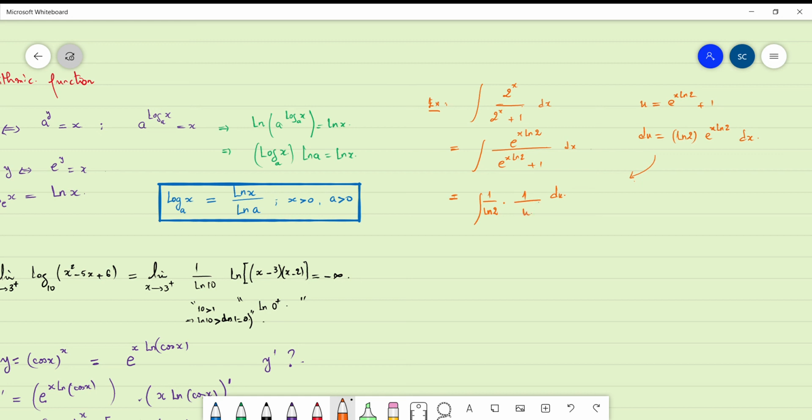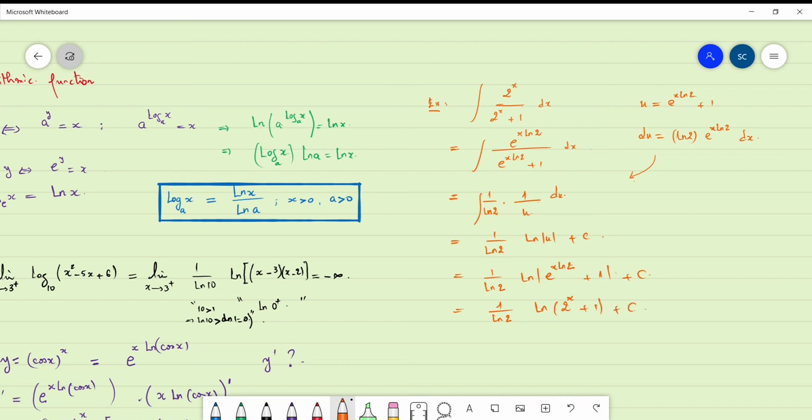And now I know my antiderivative. It's 1 over ln 2 times ln absolute value of u plus a constant. Then come back to the original variable. So it's ln of a^x ln 2 plus 1, plus a constant. That is, I have the following antiderivative: ln of 2^x plus 1 plus a constant.